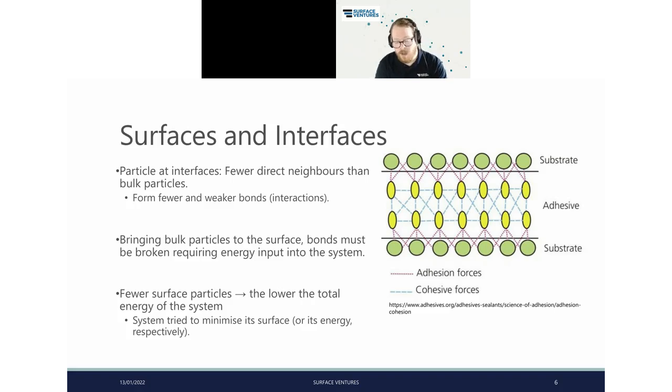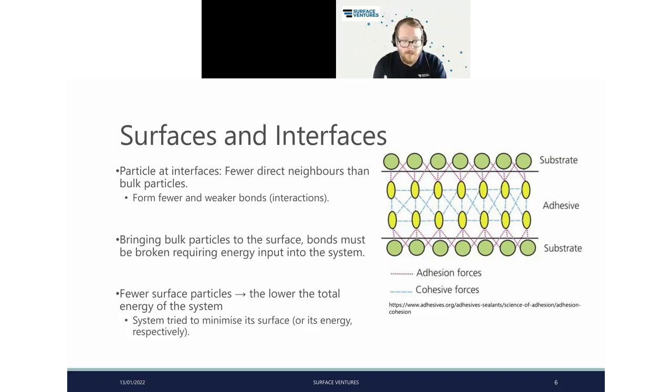If we think of a bulk crystal, any of the atoms or molecules or ions of that crystal will be surrounded by other atoms or molecules or ions, which will have bonds between them. So effectively, those have more bonds, whereas at the surface there are fewer and also weaker bonds.